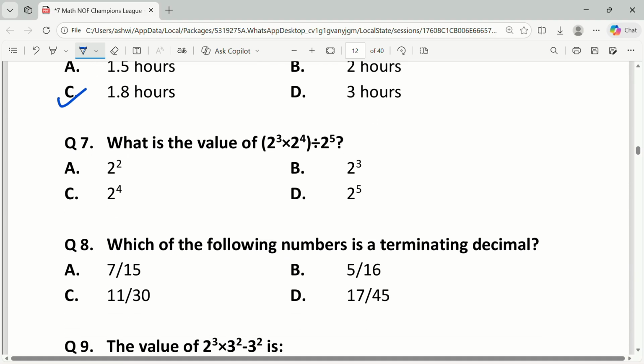Question number 7. What is the value of 2 to the power 3 into 2 to the power 4 divided by 2 to the power 5?